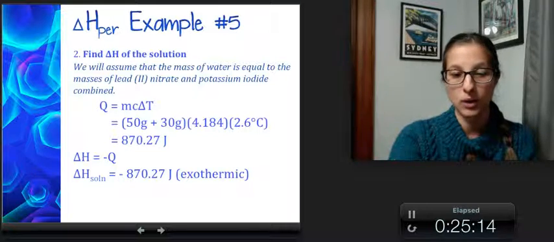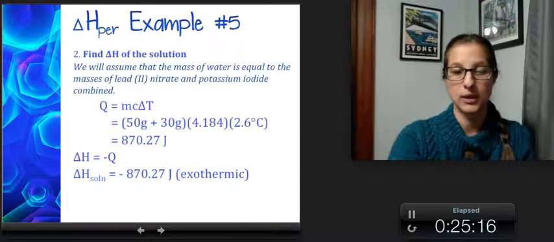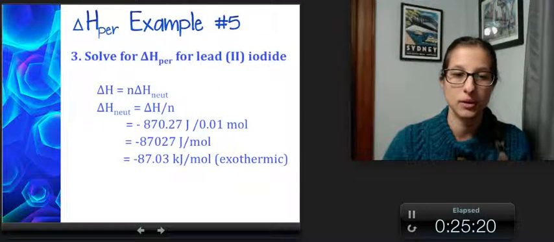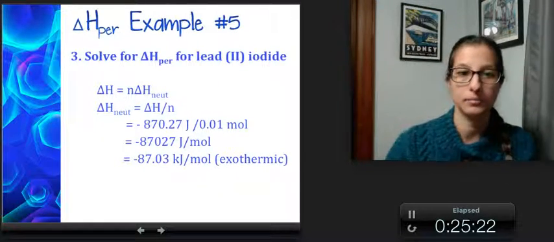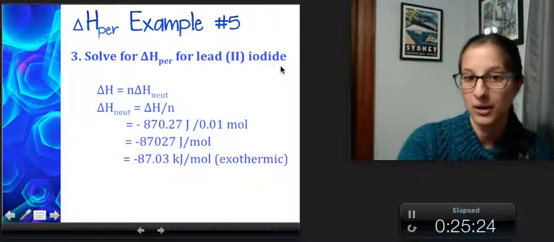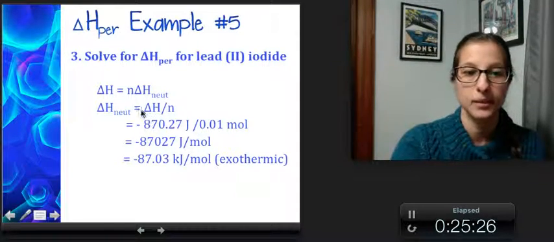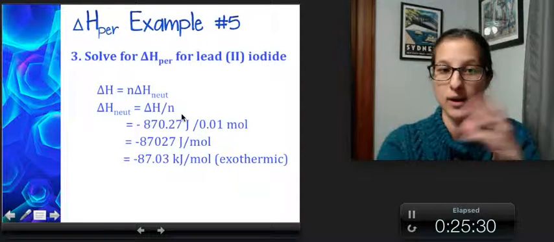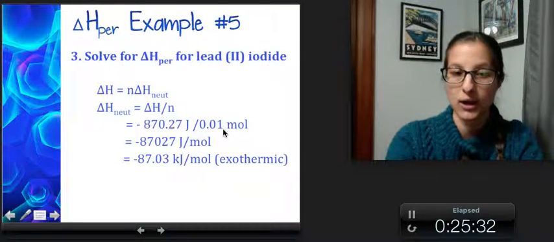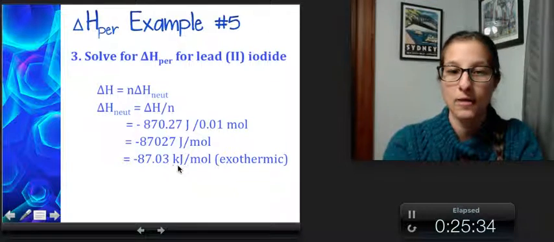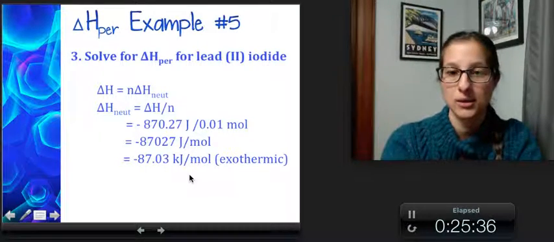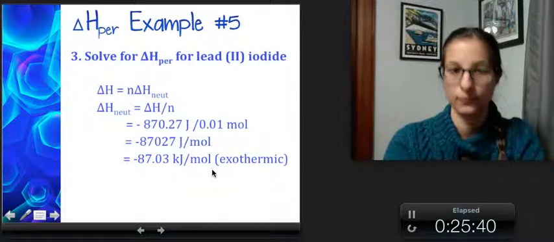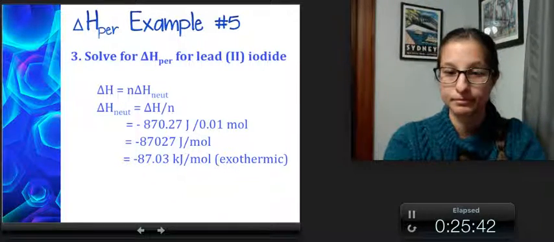Then what I want to do is find my delta H. For this one, I am going to be using the moles of my lead-2 iodide. So it's my value that I just calculated divided by the moles of my lead-2 iodide, which is down here, and that gives me my delta H of precipitation, and it's exothermic still.